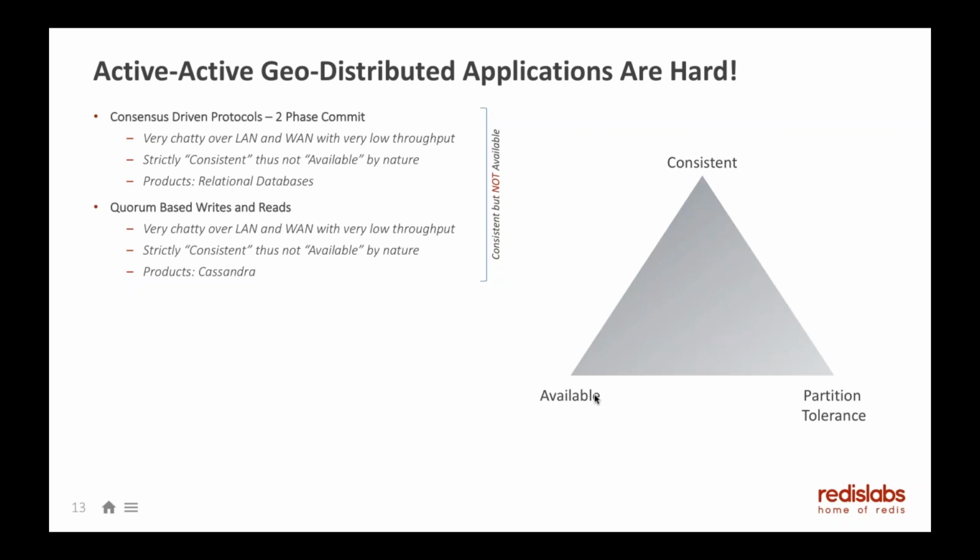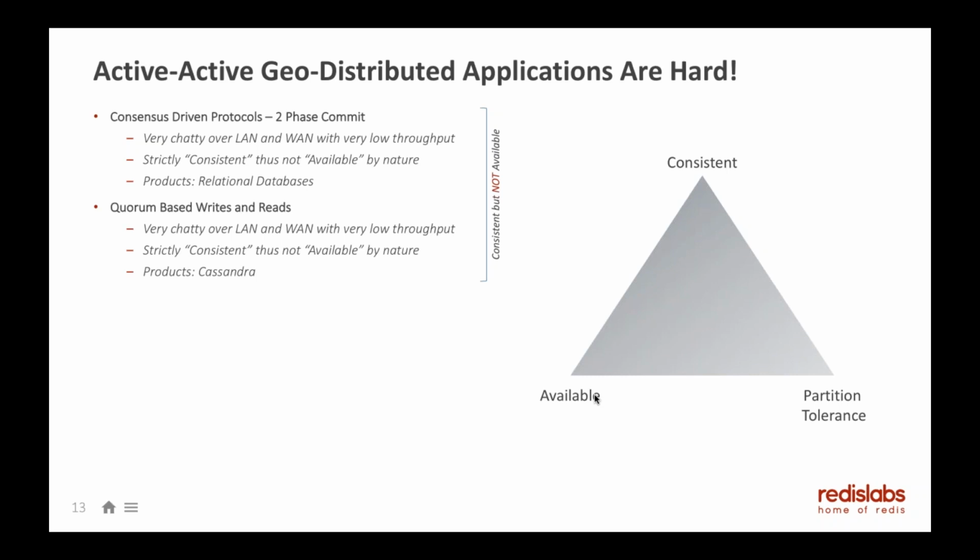All right, so let me first unpack active geo-distributed applications. These are fairly difficult to build, and I just want to put what is difficult about them and how, so far, people have tried to solve this issue. I'm going to use Eric Brewer's CAP theorem as a measuring stick and a classification for explaining some of the existing techniques used by various databases in the world to solve this problem.